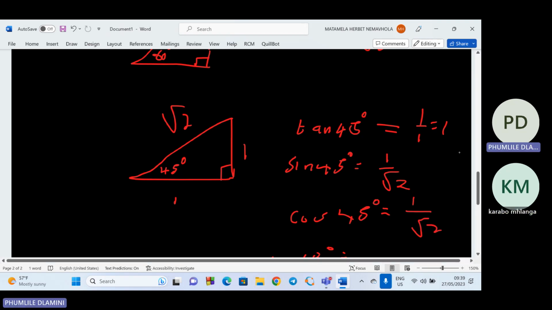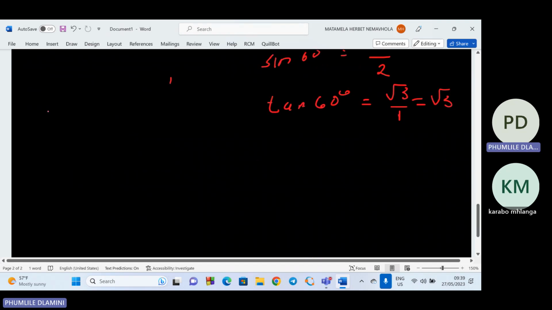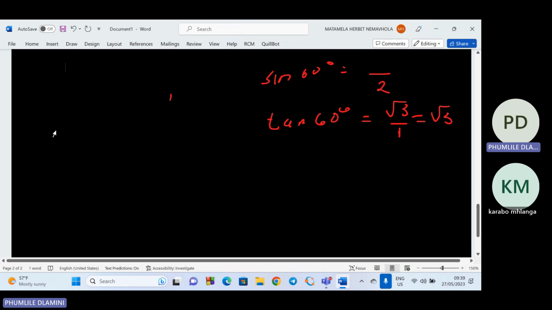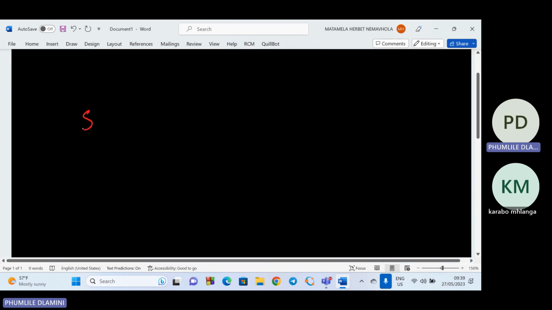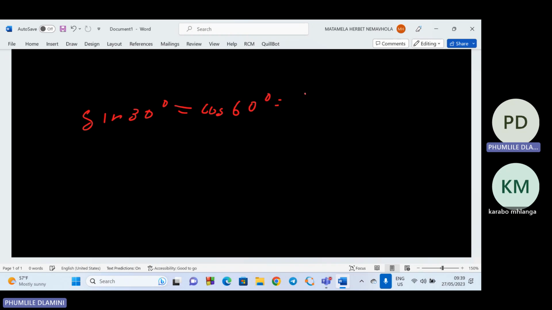So if you check something, you will find the relationship we have. Since we have started here, you will notice that we have a relationship between those angles that we're writing. We found that sine of 30 degrees equals cos 60 degrees, because all of them are equal to 1 over 2. And we have found also that sine of 45 degrees equals cos of 45.